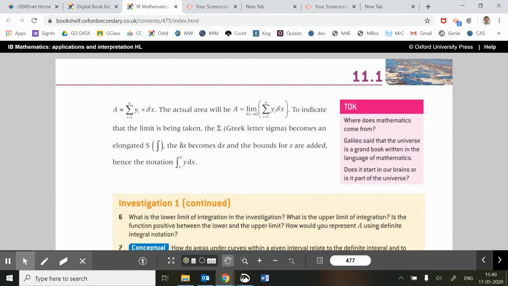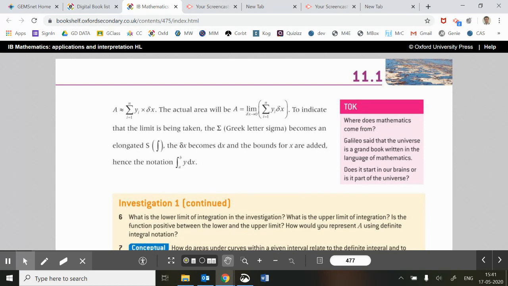Okay, here we go again. This is just to say that I wasn't making this up. We've got the area is equal to these rectangles summed together. And if you take the limit as dx tends to 0, then your area becomes exact and approximately equals 2.